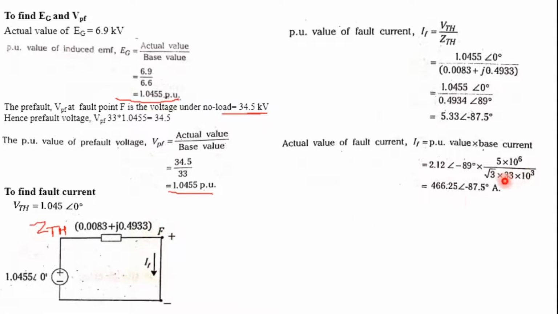The voltage in the feeder is 33, so the base value is 33 times 10 to the power 3, and we get 466.25 at an angle of minus 87.5 degrees amperes. You have to be very careful here not to make any unnecessary calculation. Be particular about what he asked, calculate only that value, and execute it in the examination.